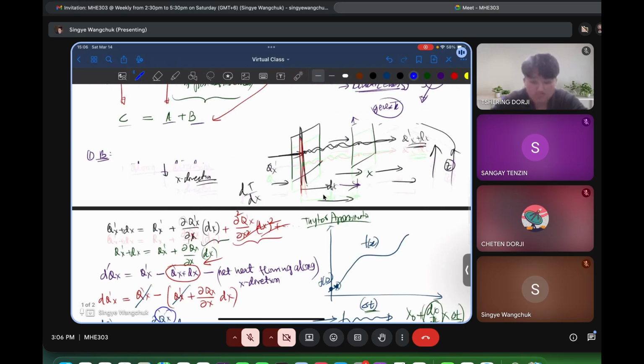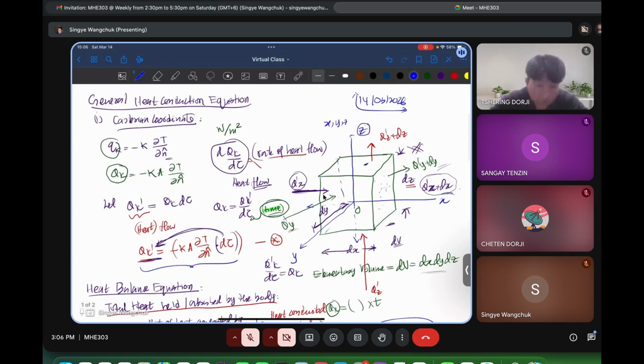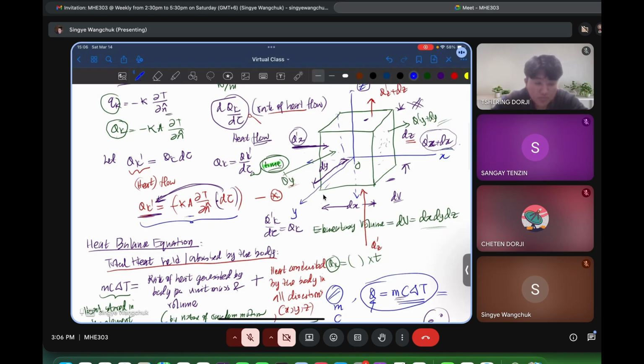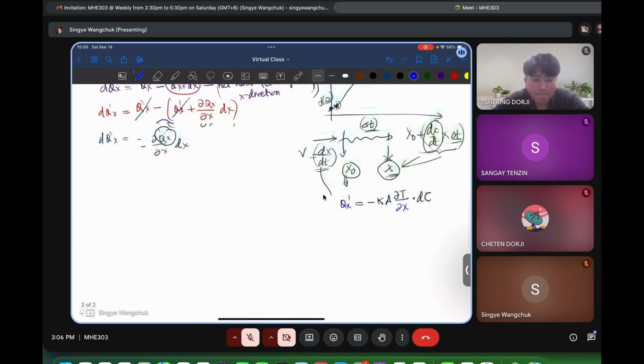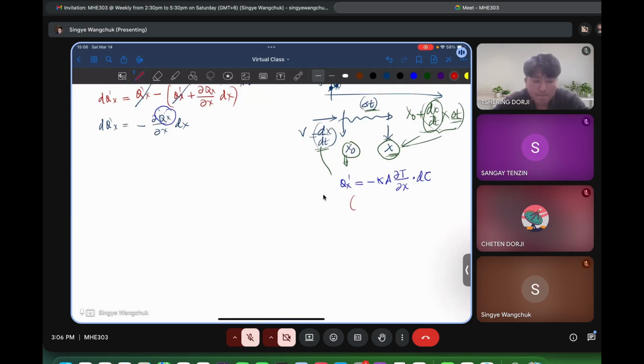We are expressing this now in the x direction only. You can see this, we are using the Fourier's law.